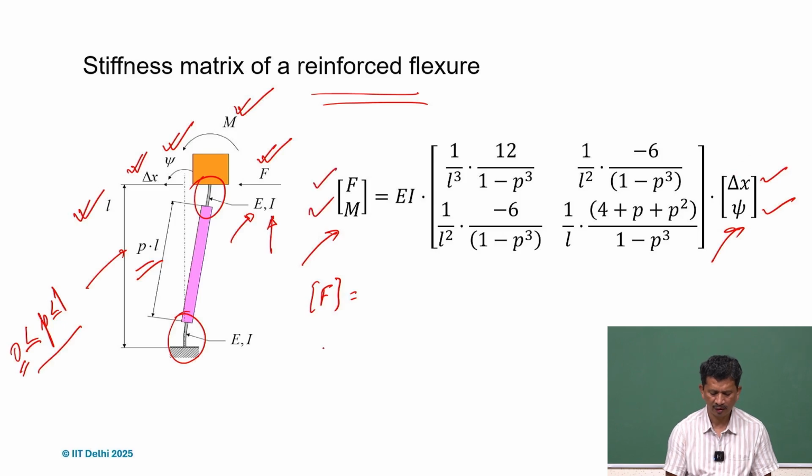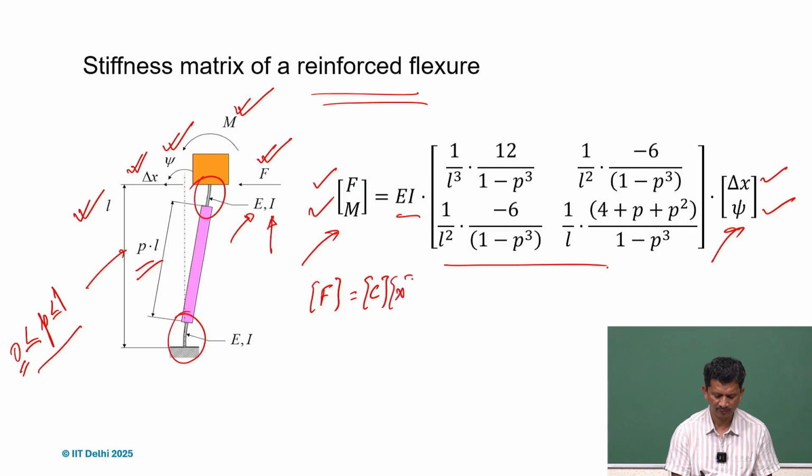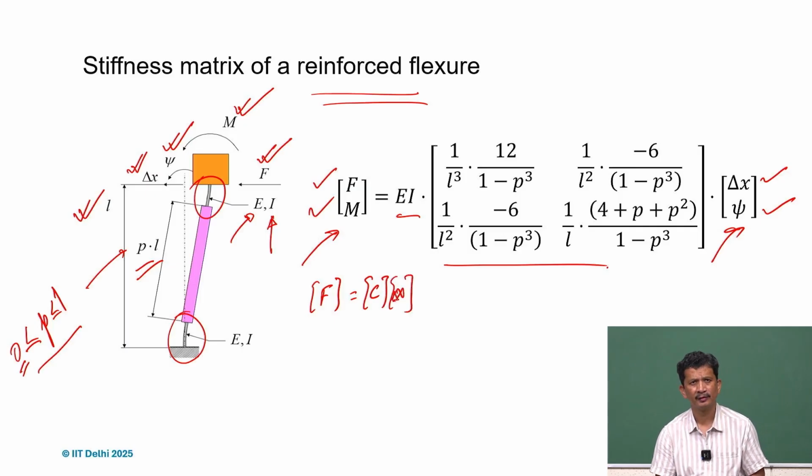This is what we have, EI and this. So we can simply write this as C times x, or delta x. So we have a stiffness matrix.